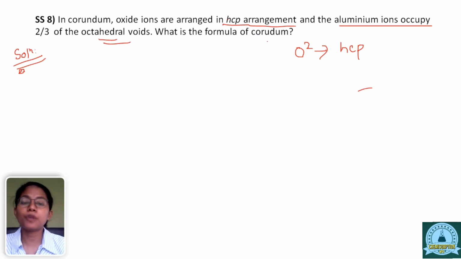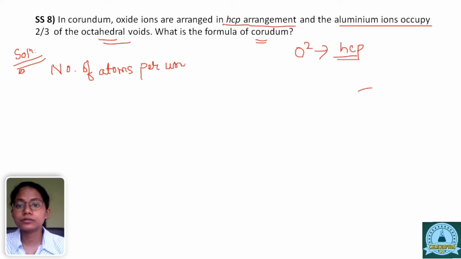What is the formula of this compound? So in HCP, we know the number of atoms per unit cell is equal to how much? 6 for HCP.